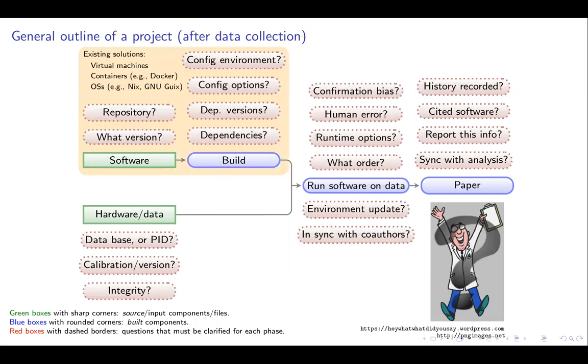But as we all know, there are many questions. How was the software built? Where did the data come from? The previous talk was about connecting data and analysis and everything together in one thing. And more importantly, how the software will run on the data. And finally, the actual text of the paper, the research.